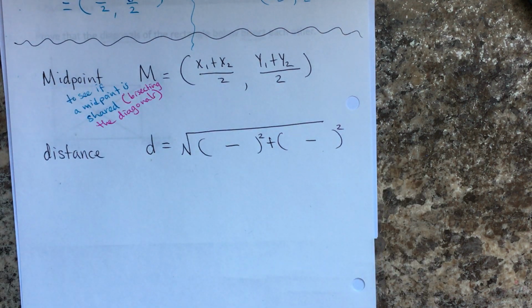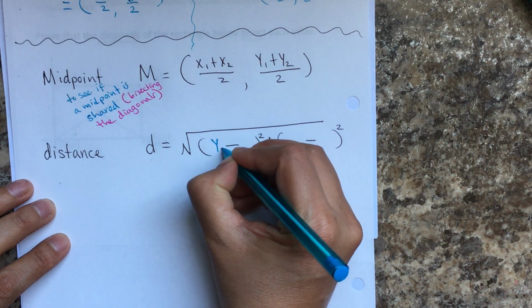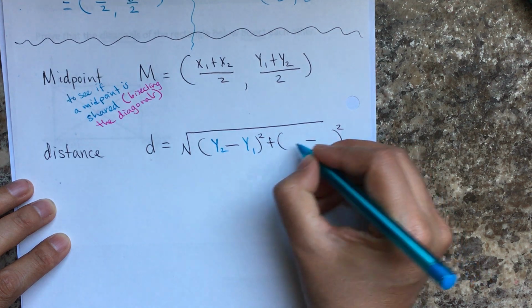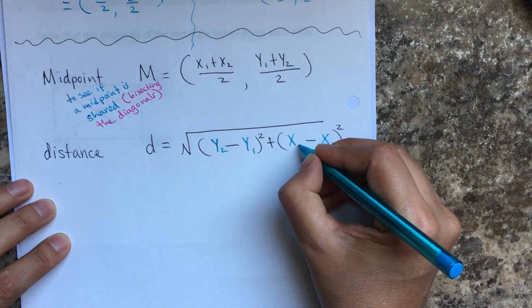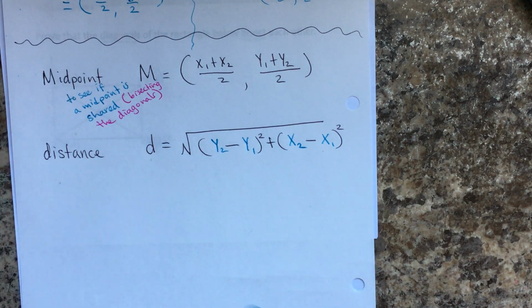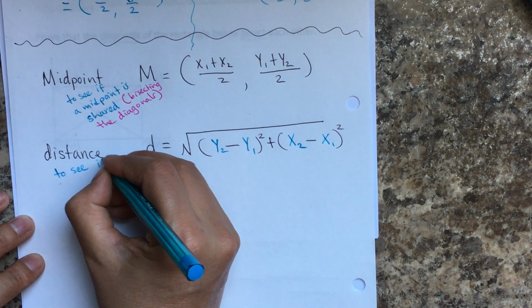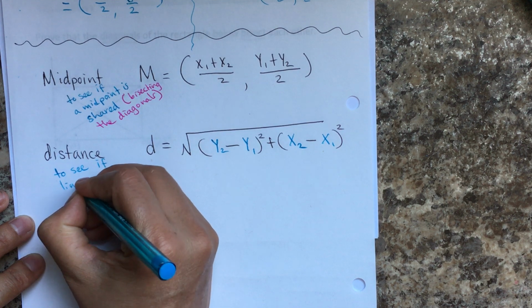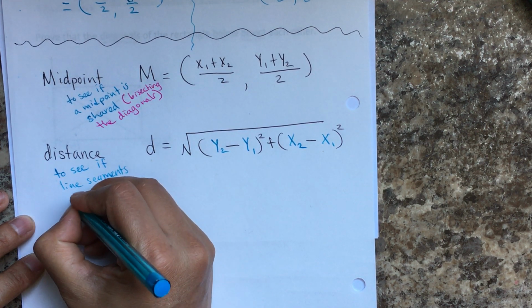So that you will relate it to the slope, which I'm going to explain right next, I just put y2 minus y1, x2 minus x1. Okay, and the distance formula helped us see if line segments are congruent.